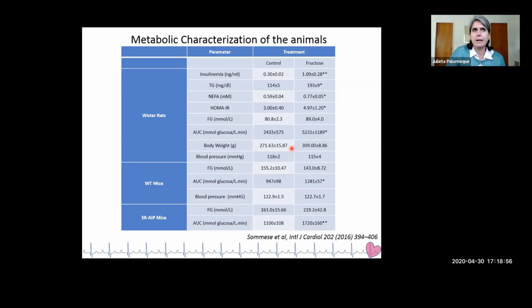So we think that the results that I'm going to show you in the myocytes are a property of the myocytes and not due to other comorbidities of the model. In the mice, we could measure the fasting glucose, the area under the curve, and the blood pressure, and they behave similar to the rats.